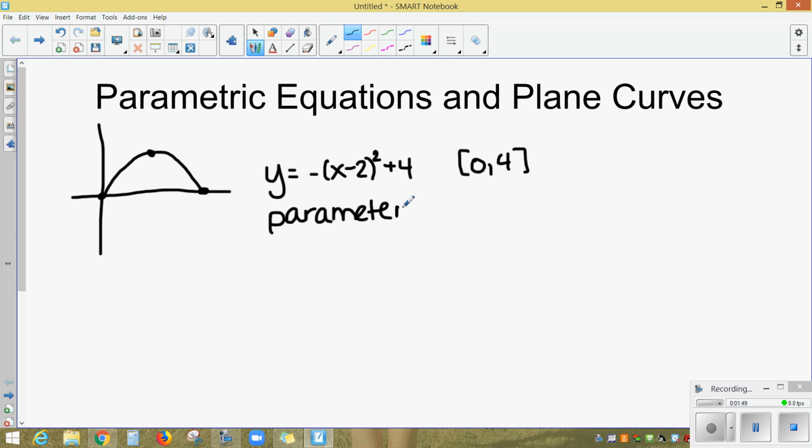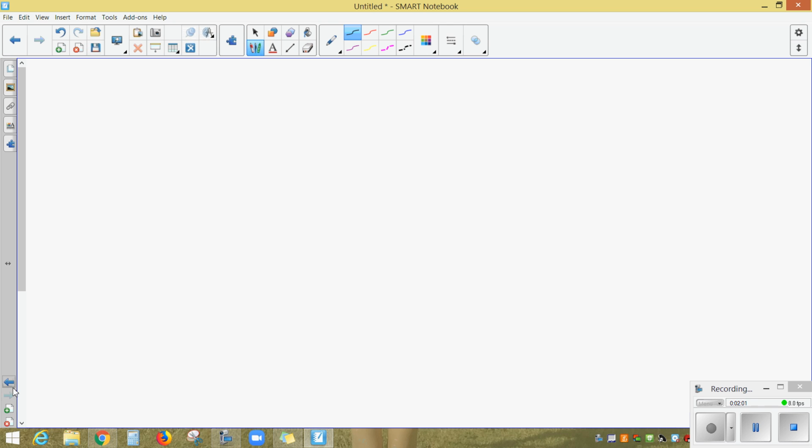And what we can do is then look at what we call parametric equations. Maybe in a little bit we'll come back to this particular parabola. But right now we're going to make a definition that says we need to have two continuous functions.